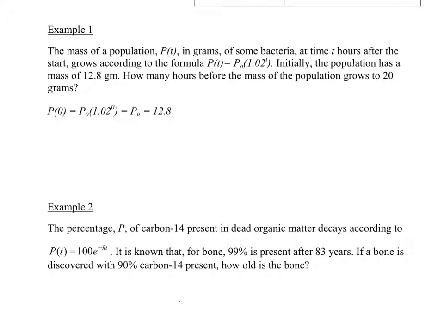So that P naught is going to be equal to 12.8. So we now have a new equation. We know that the population is equal to not just P naught, but 12.8 times 1.02 to the power of t. In other words, we've figured out that P naught is equal to 12.8. This P naught basically is just the initial population. It's the population when t is equal to 0. So we have a better equation now.